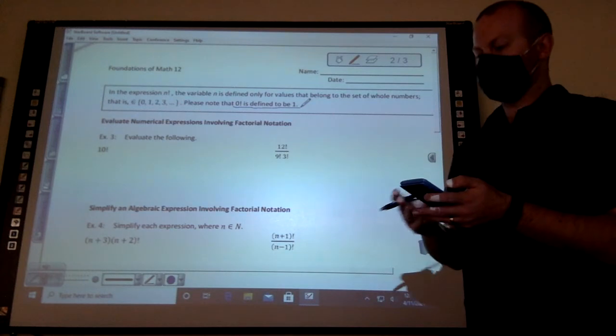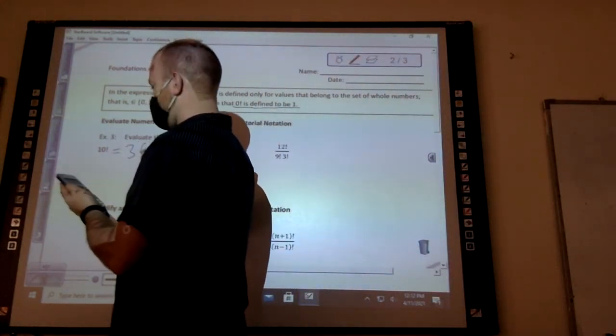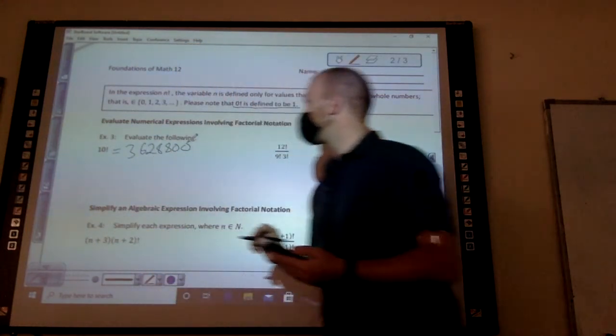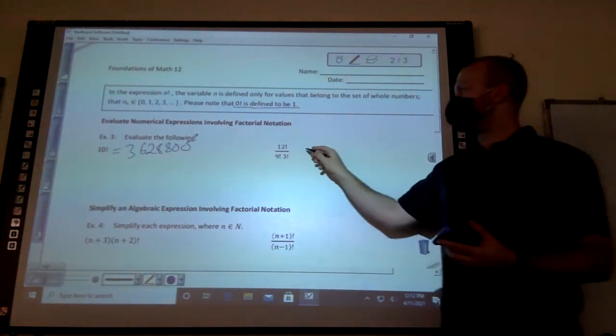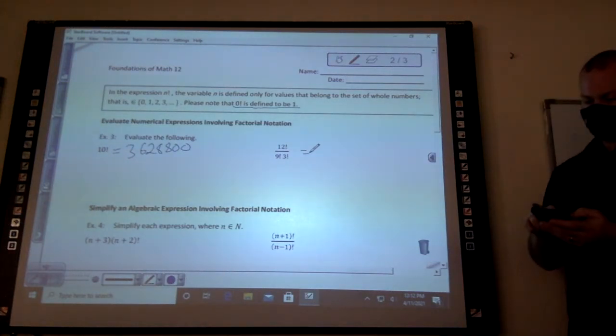3, 6, 2, 8, 8. Perfect, yep. So yeah, 3, 6, 2, 8, 8, 0, 0. And then give the next one a try and see if you can get that one too. As I try and do it too.